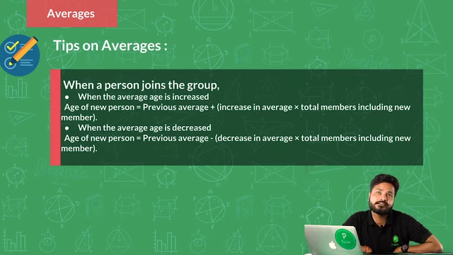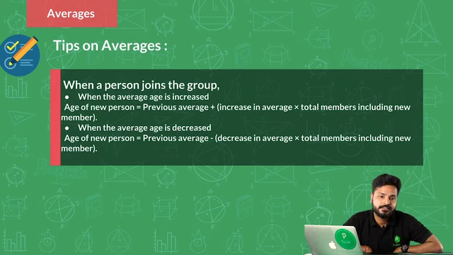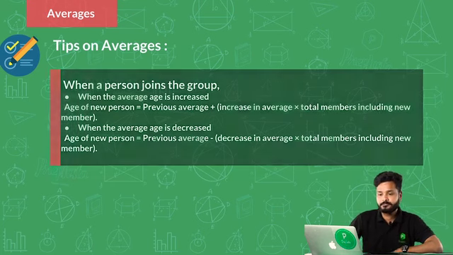Increase in the average, let's say the initial average of the age was 15, now it's 18. So the increase in average will be 3, and the previous average we will already be given. Similarly, when the average age is decreased, the age of the new person will be the previous average minus the decrease in average after the new person joining, times the total number of members including the new member. For example, we took initially there were 10 persons in the group and now it's 11 because one person has joined the group. All right.